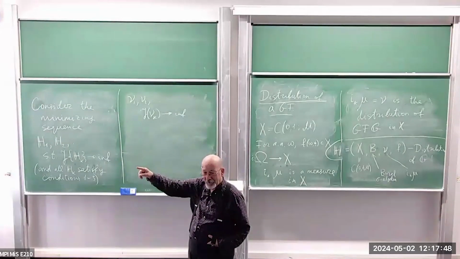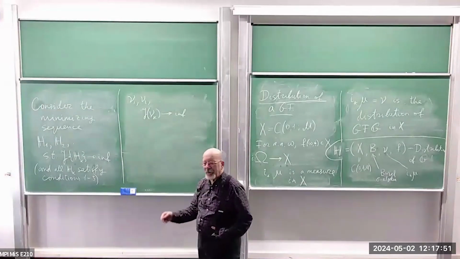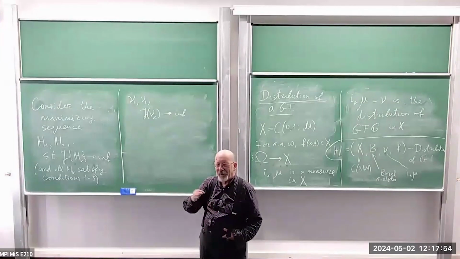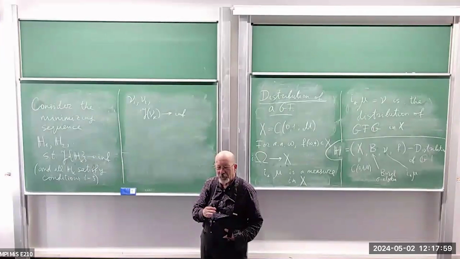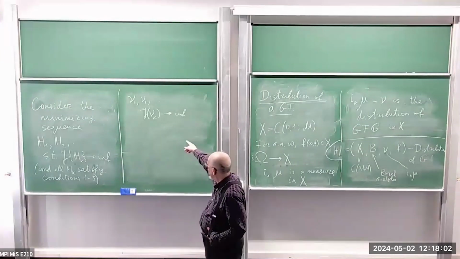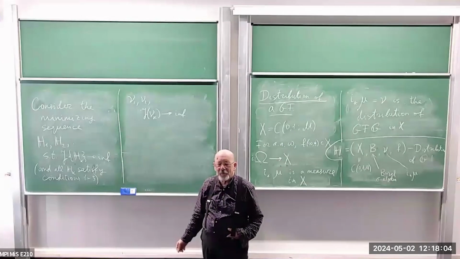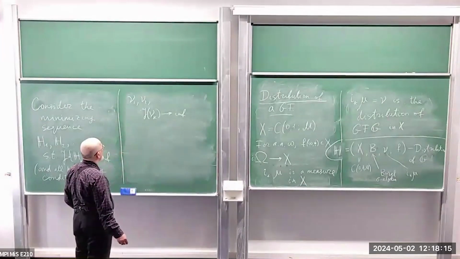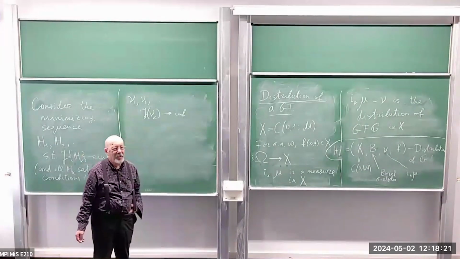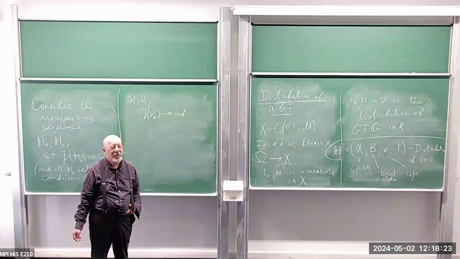And the action is the integral of this functional, the square of the H1 norm, against the measure nu k. We are closer and closer to some problem of linear programming.